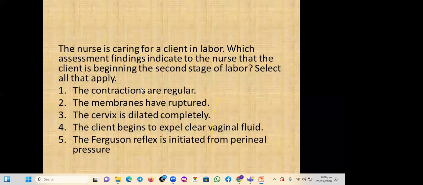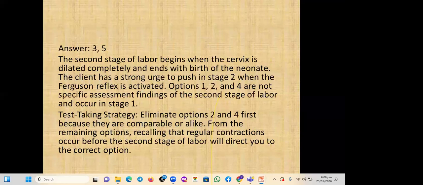Okay, so let's proceed. So it's 3-5. Someone had it. So, like I said, the question wants what is specific to the stage 2.